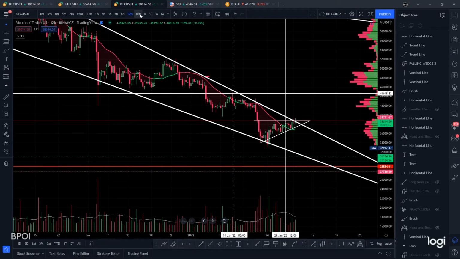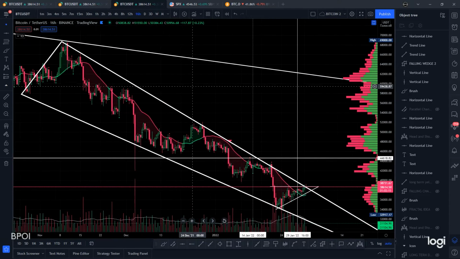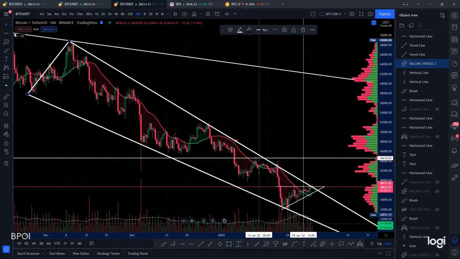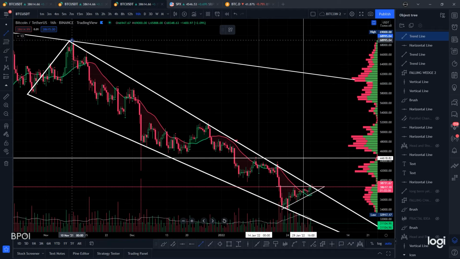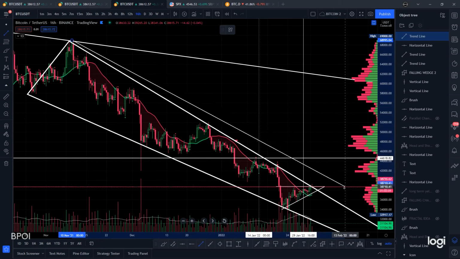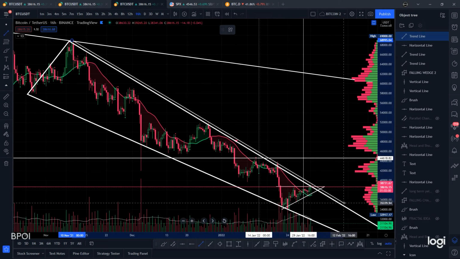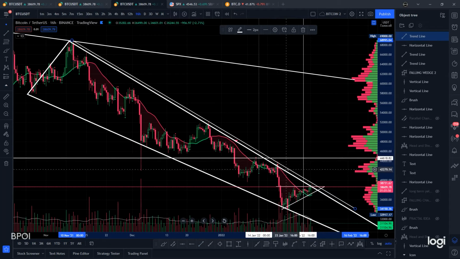If I go to this 16-hour chart, let me reset like so. I'm looking at the trend line here. I'm just going to draw in one single trend line from this point, taking into account this candle and then these candles here. I'm going to have this on my chart as a secondary trend line and possible resistance.